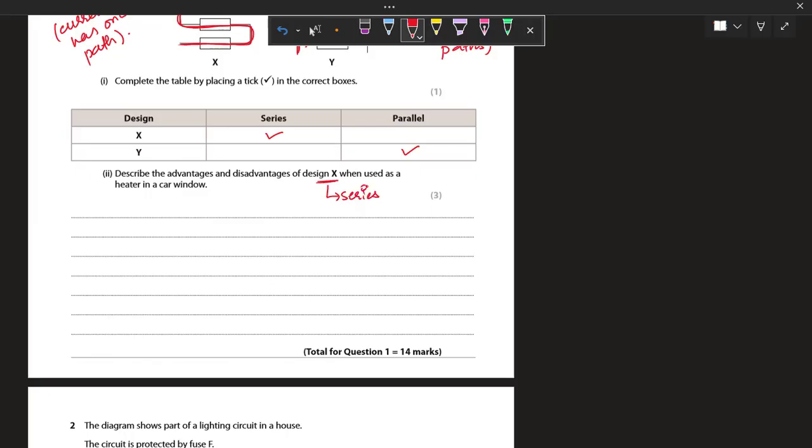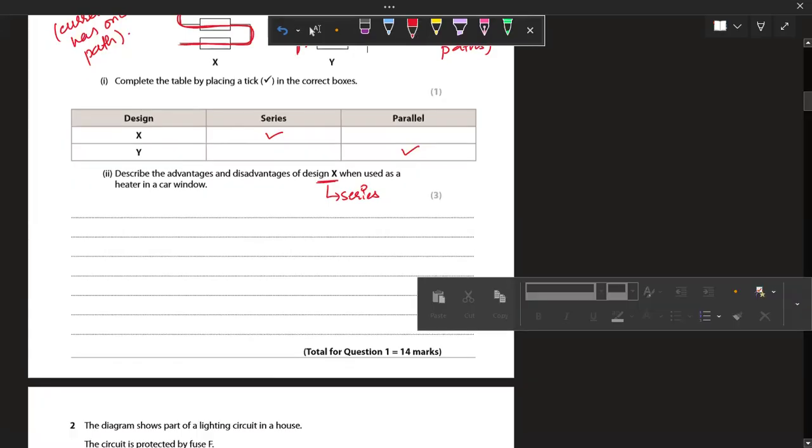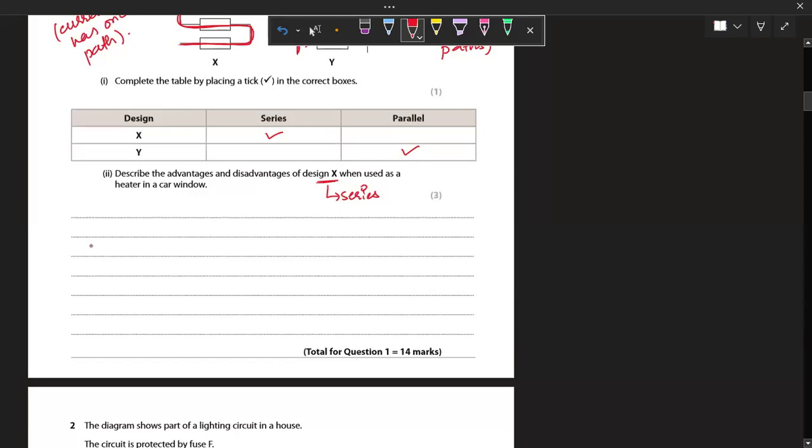Since you know that in a series circuit, we can control the whole circuit with one switch, right? So less wire will be needed.